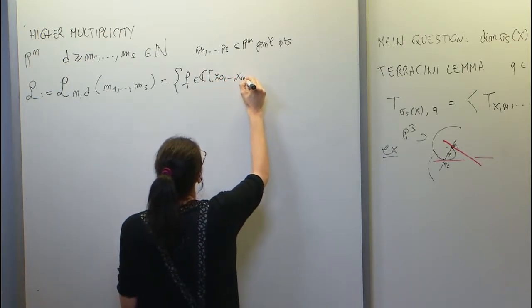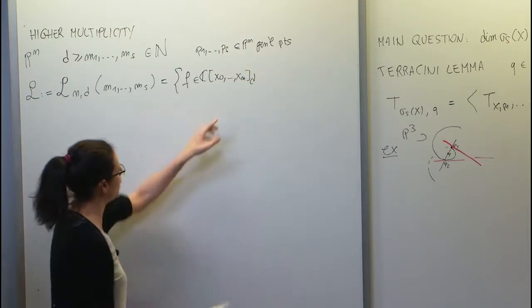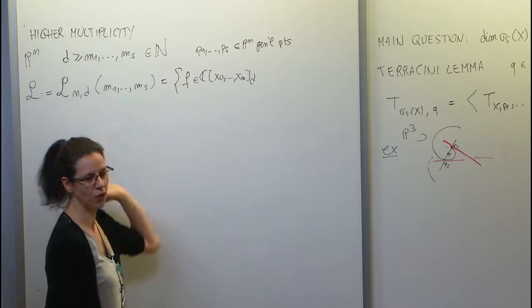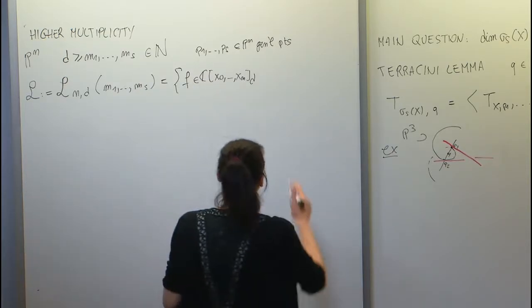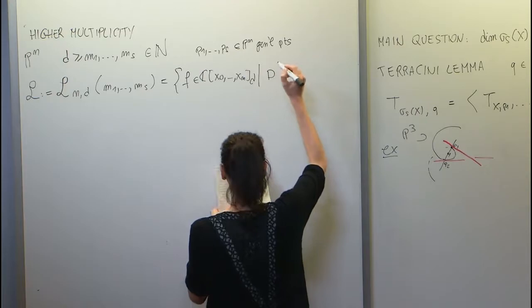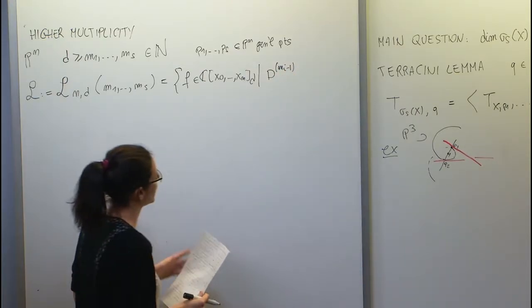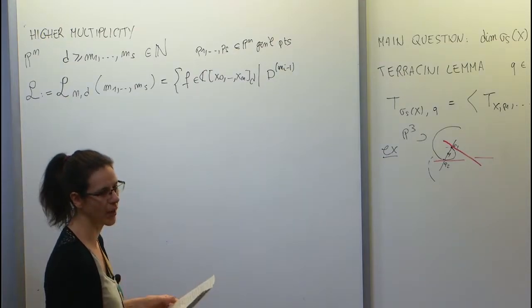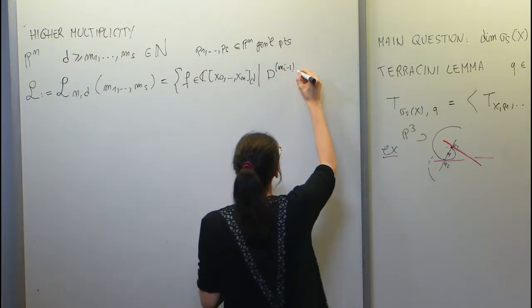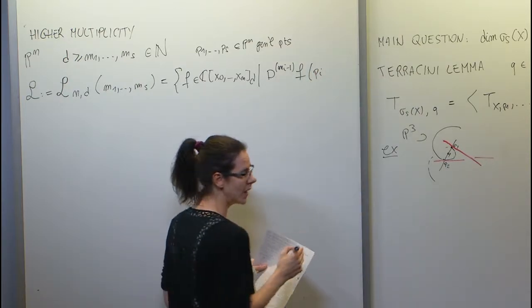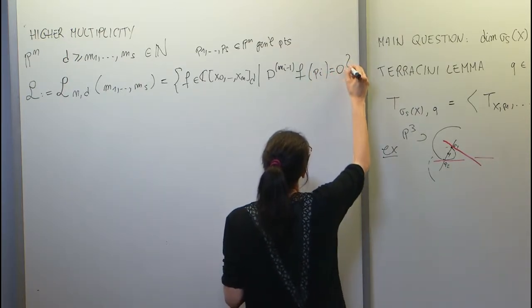We want to consider all homogeneous polynomials f of degree d in n plus 1 variables. They will give me a hypersurface of Pn such that if I take any derivative of order mi minus 1 of f and evaluate it at the point pi, this is 0 for all i.